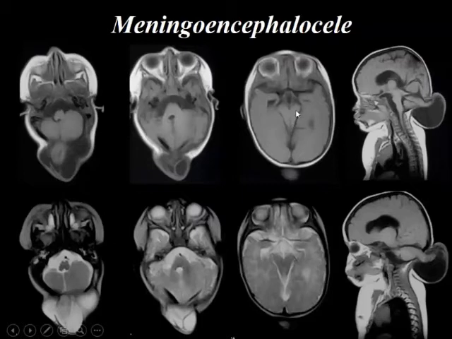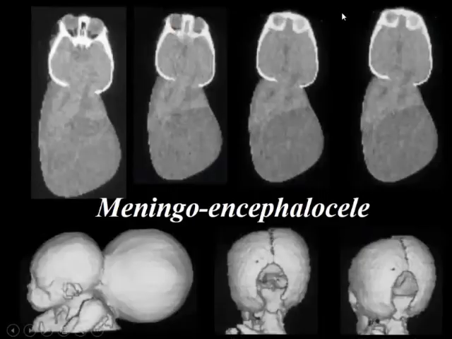And you see elongation of the tectum because the cerebellar hemisphere along with the tent is going inside the sac and the tectum is being pulled. Now we can do a CT, we can tell you what is the size of the defect so that you can plan your surgery, take out the meningoencephalocele along with the dysplastic cerebellum.